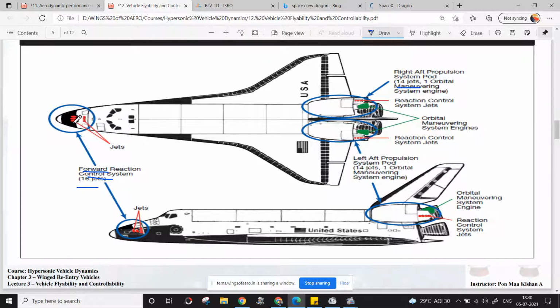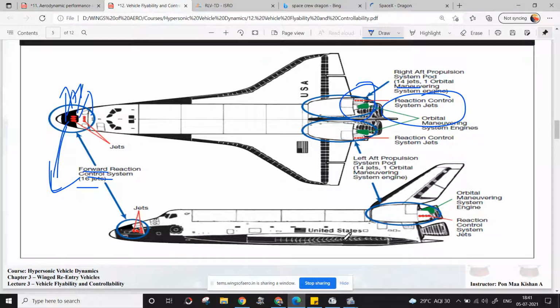So simply, if I want to move towards the left, I have to activate the thrusters on the right-hand side, the opposite direction, so we create thrust in that direction and our vehicle can move to the left. If I want to maintain stability, I can do it with the reaction control systems at the rear end of the engine.